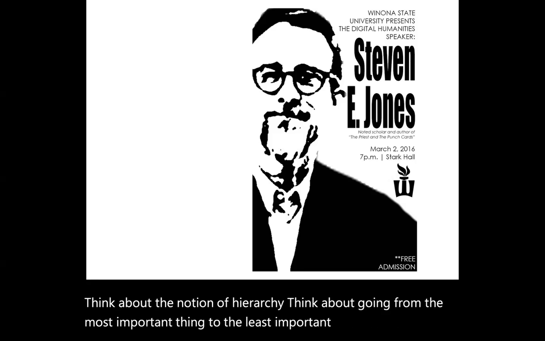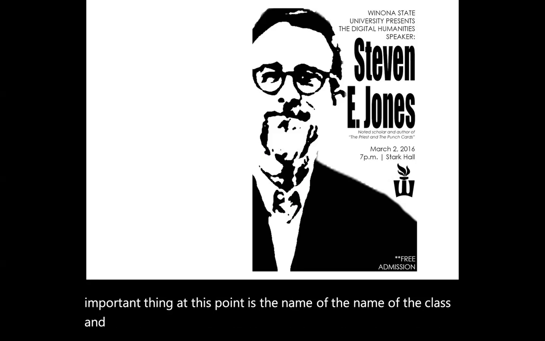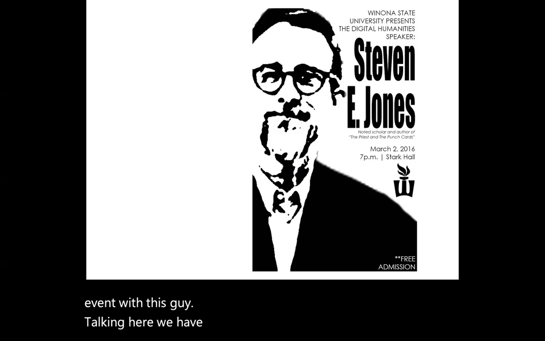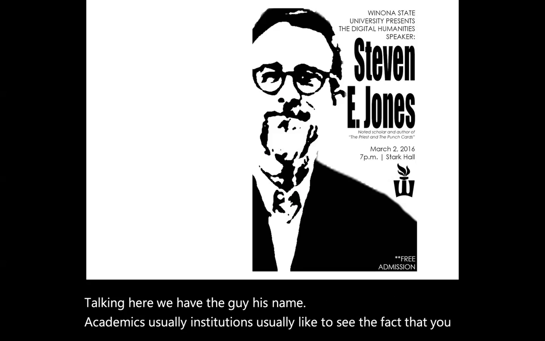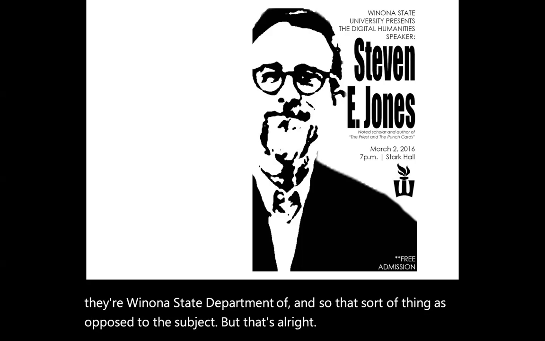The most important thing at this point is the name of the class and images that might represent the class. In this case, this was an event with this guy talking. Here we have the guy, his name. Institutions usually like to see Winona State Department of so-and-so, as opposed to the subject, but that's all right.